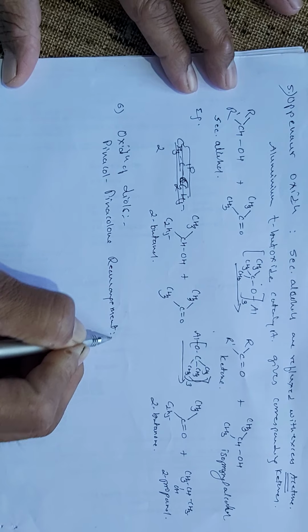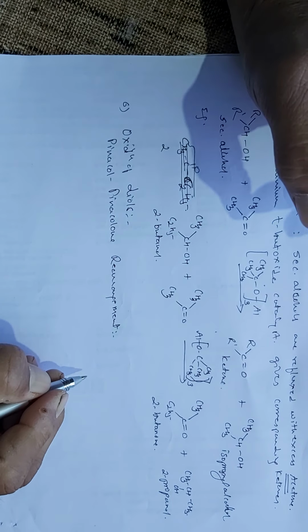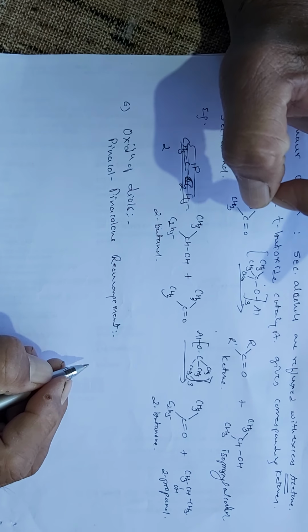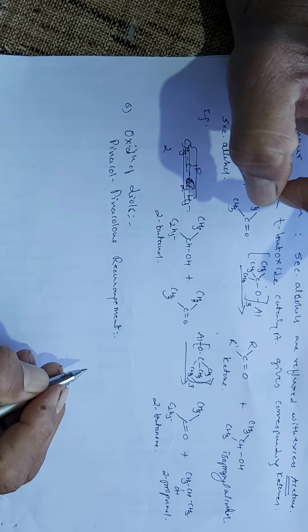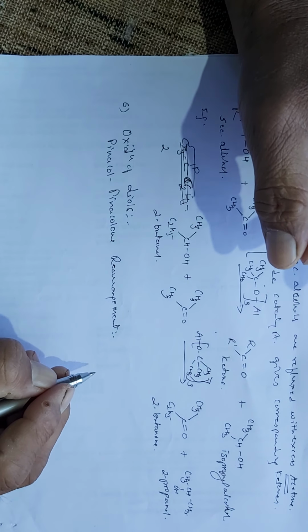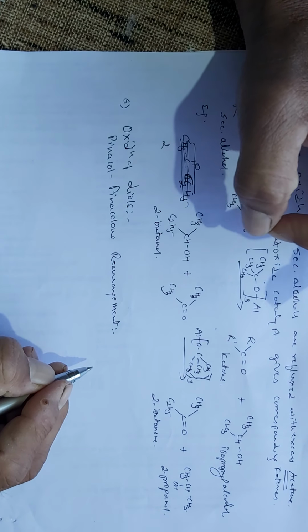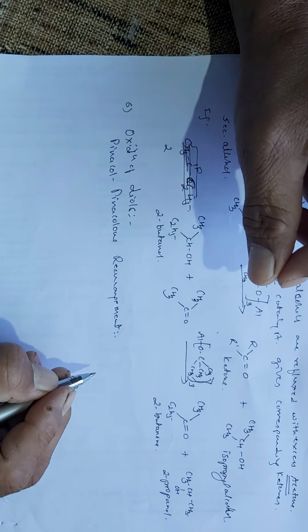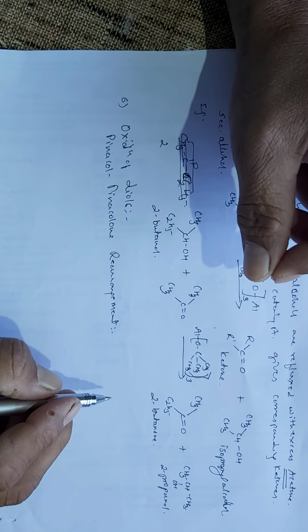The pinacol-pinacolone rearrangement reaction involves migration, meaning an atom or group of atoms from one site is shifted to another site within the same molecule or with another molecule, developing a new species.